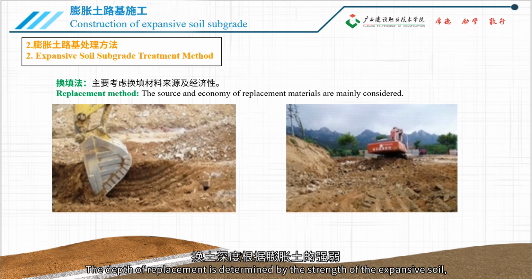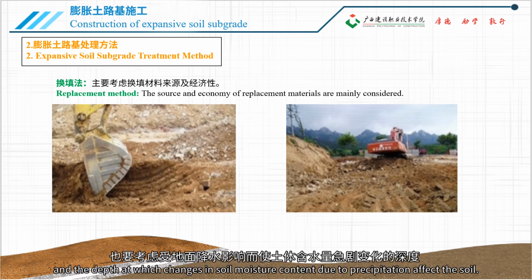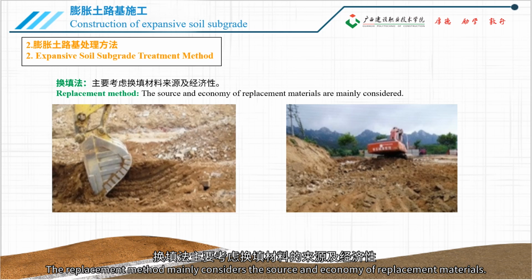The depth of replacement is determined by the strength of the expansive soil, local climatic characteristics, and the depth at which changes in soil moisture content due to precipitation affect the soil. The replacement method mainly considers the source and economy of replacement materials.